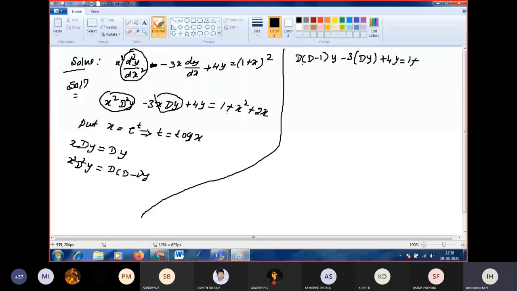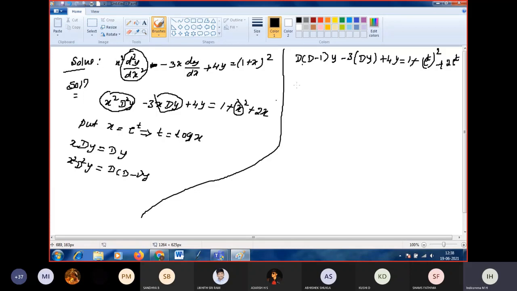But in the RHS also we have to substitute for x. What is x in terms of t? e to the t. Compulsorily you should substitute for x also: (1 plus e power t) whole square, that is 1 plus e power 2t plus 2 e power t.